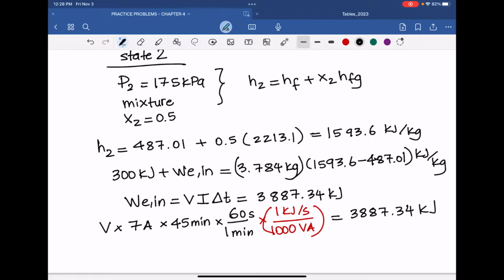And from here, you can calculate, right, what is the voltage. And you should calculate it to be 205.86. This is your final answer here.